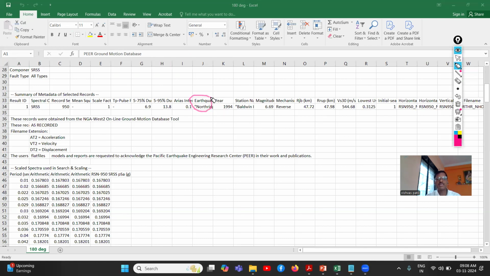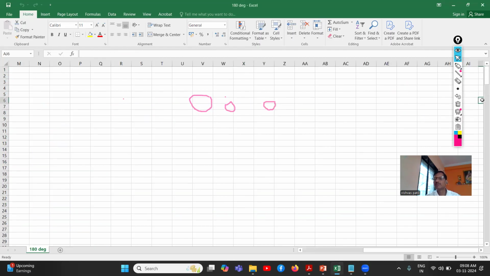This is the response spectrum of the Northridge earthquake. This is the brief description of that earthquake, which was triggered in 1994, and its magnitude is 6.69. So all the description is there, and this particular file is about the response spectrum. The SA, that is the spectral value, I will also show.